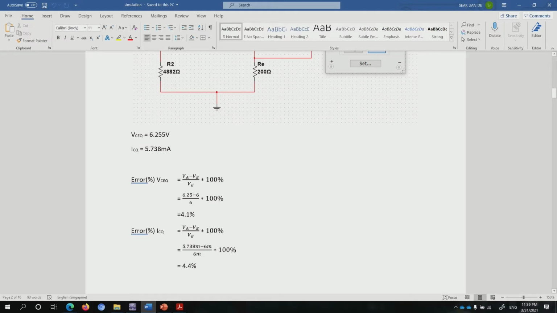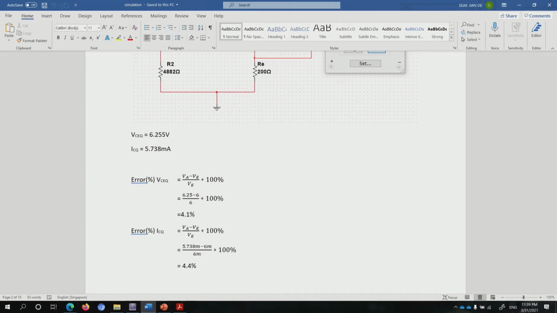So after the simulations, we can observe that there is a slight difference between the theoretical value and the simulation value. Since we are doing simulation, not the actual experiment in the lab, a few factors that we can neglect are the resistance of wire, and the loading effects of the electronic measurements.